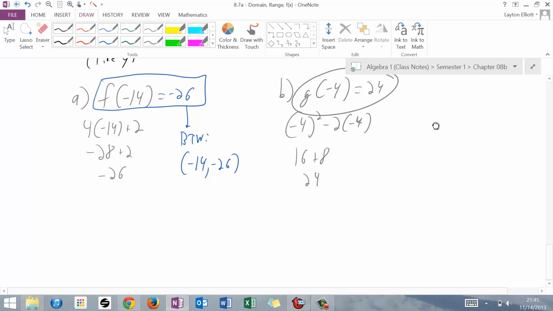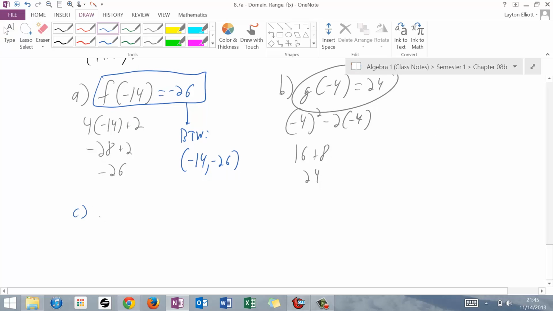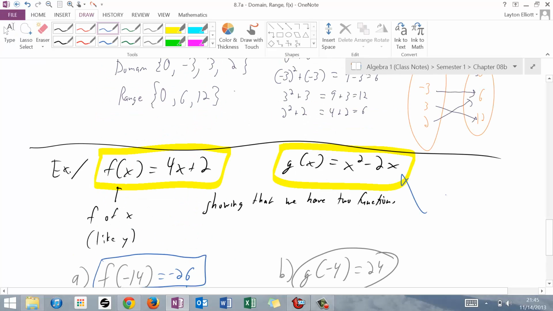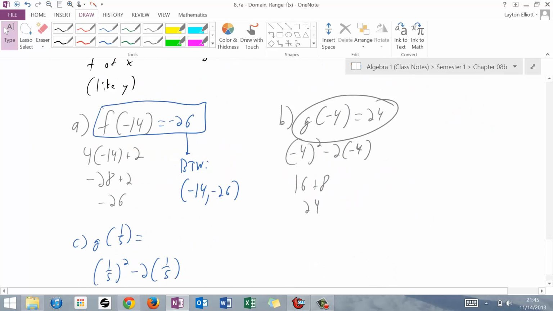Let's switch colors to a little bit more of a darker one. Let's do g of 1/5. G of 1/5, same thing with the g. It means to take the number, square it, and then subtract 2 times that, because that's what we defined it as. We said, okay, that's x squared minus 2x.